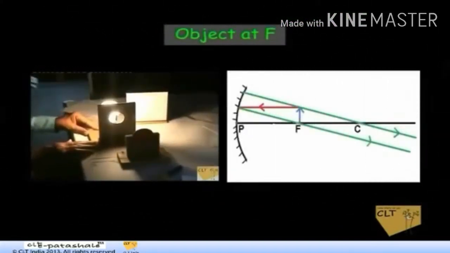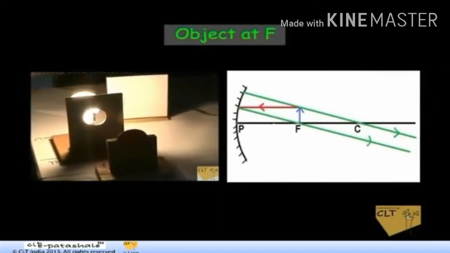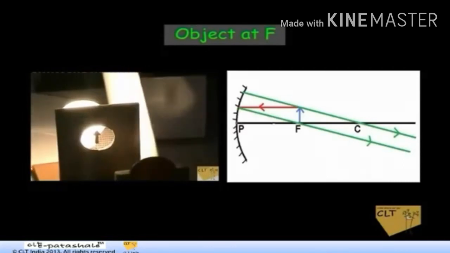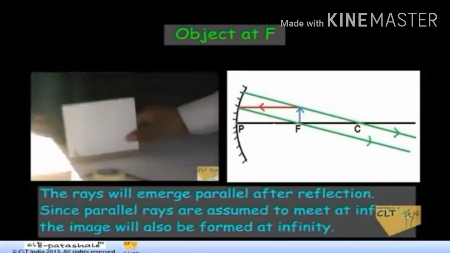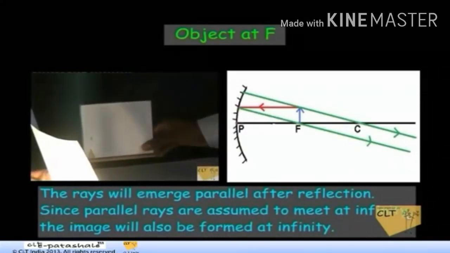Now case 4, object at F. Place the object at F and see where the image is formed. The image is not formed clearly and can be considered to be at infinity.